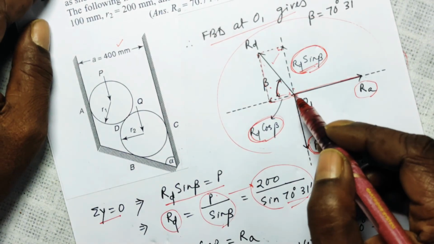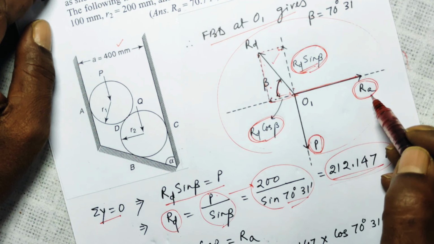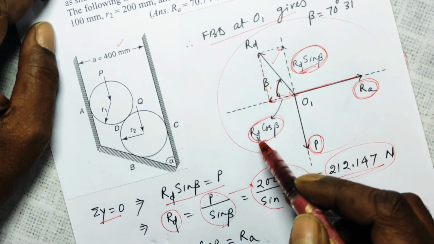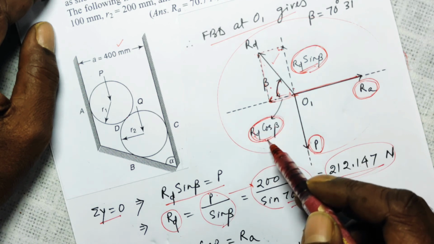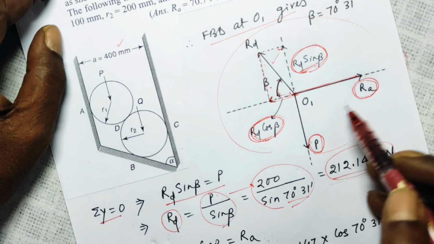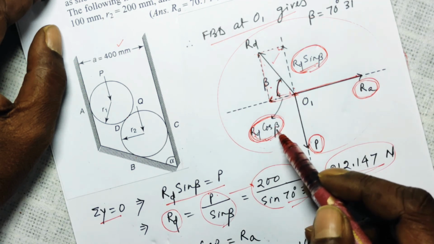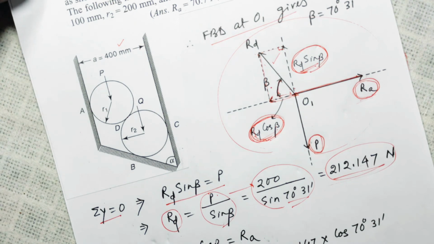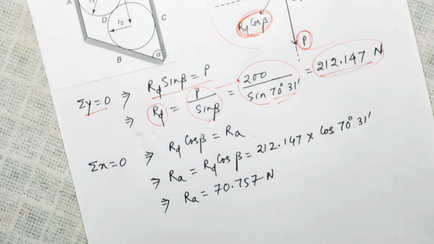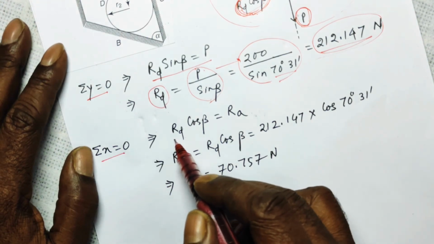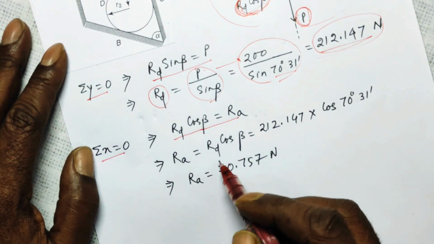Fine. Then let us apply sigma x is equal to 0. RA is along the positive x-axis and the component of RD, that is RD cos beta, is along the negative x-axis, this being the origin. So they are opposite. RA is opposite to RD cos beta. If their numerical values are equal, then sigma x will be 0. The sum of the forces along the x-axis will be 0. So applying sigma x is equal to 0, RD cos beta is RA.